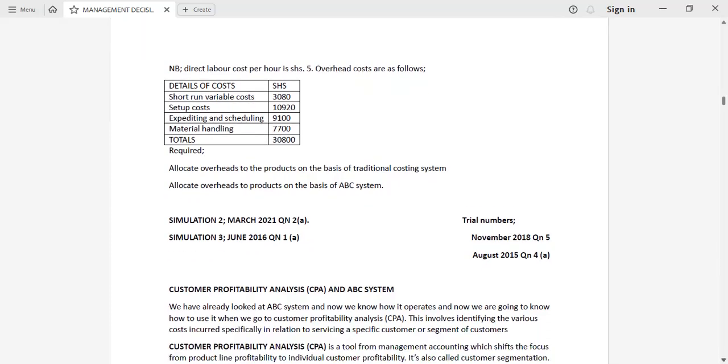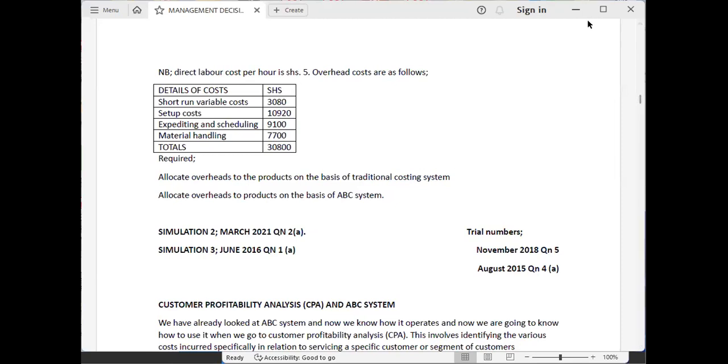So without wasting more time, let's see how we can compute this question. Let's go to the Excel and see what we can do.